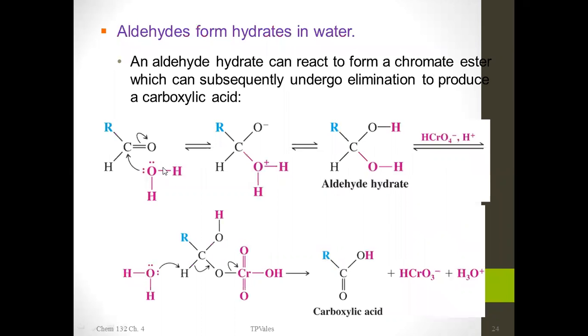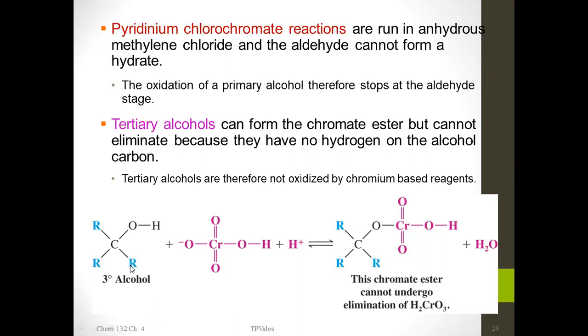But in tertiary alcohol, there is no way that hydrogen can be eliminated, because we don't see a hydrogen here. So instead, what we actually get are chromate esters. As always, there is an electron pair on oxygen, and being a nucleophile, an electron-rich atom, it can always attack the positive center.